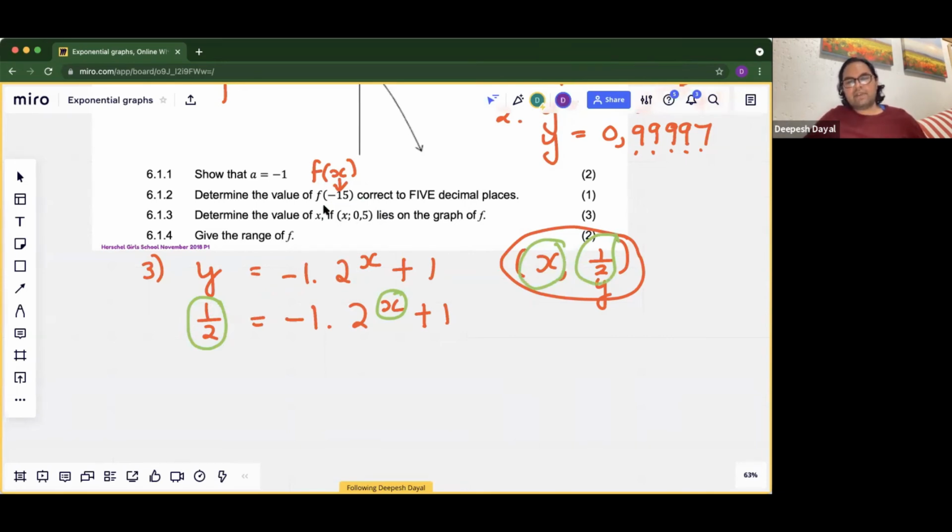Who wants to give this a try and let me know what is the value of x now from this equation? So we've got half equals minus 1.2 to the x plus 1. What is the value of x? Let me know in the chat. Anybody has an answer?